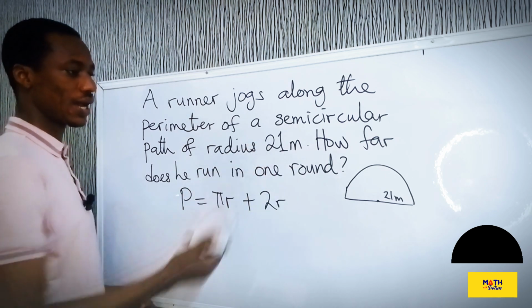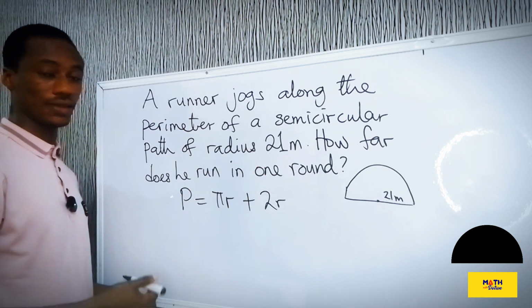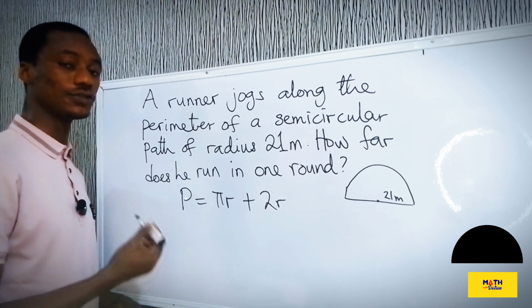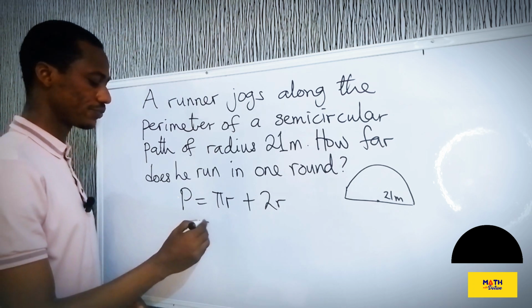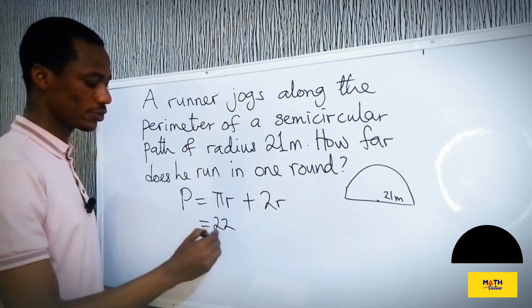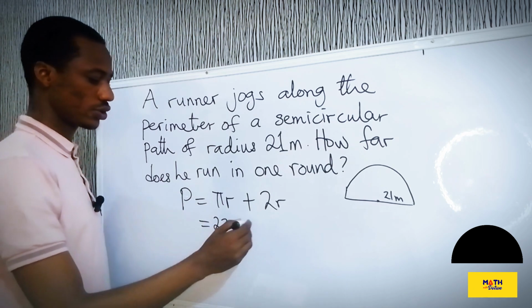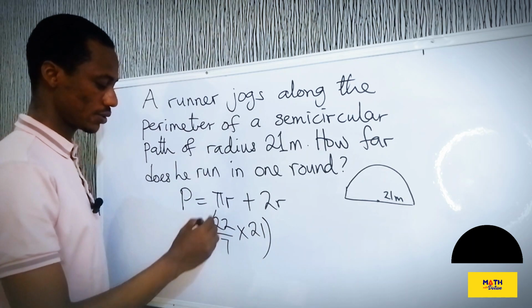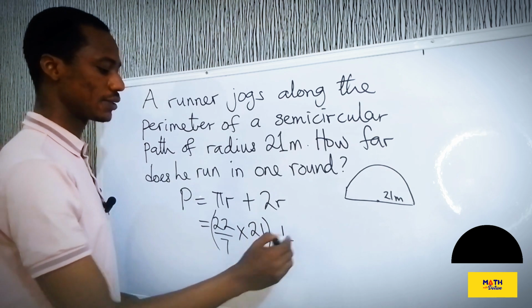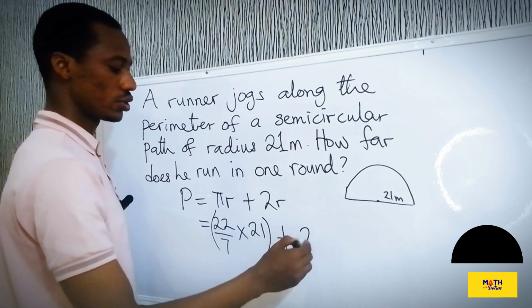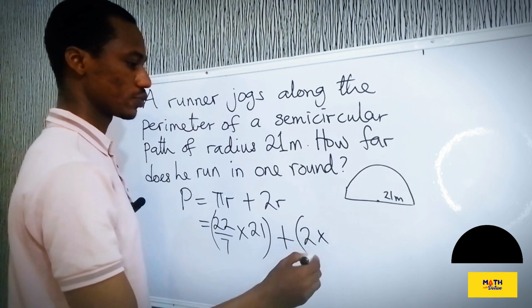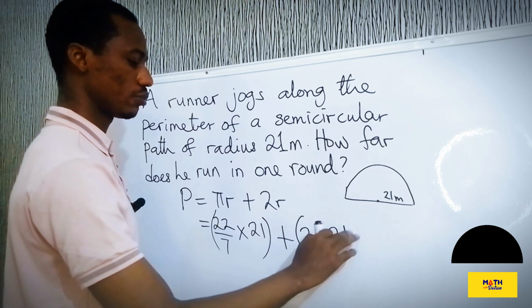We're given the radius as 21 meters, and the pi we're also given as 22/7. So we have pi to be 22/7 times the radius, which is 21. We'll do this and then add 2 times the radius, which is 21 meters.